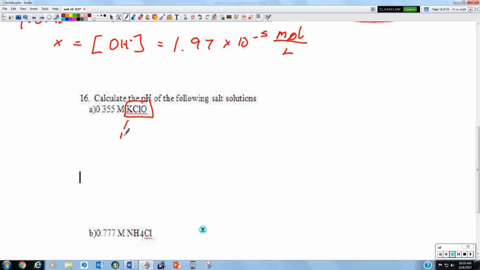We have K plus, that would be potassium hydroxide, and then we have ClO minus. ClO minus is our weak parent.